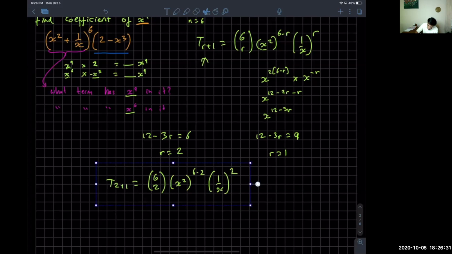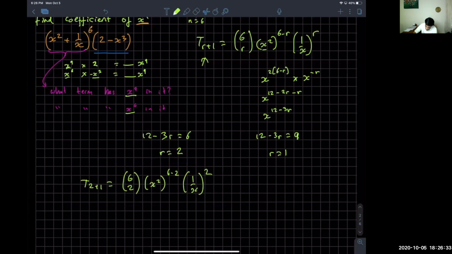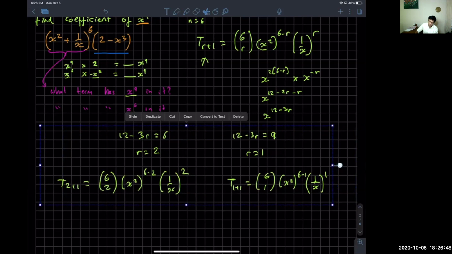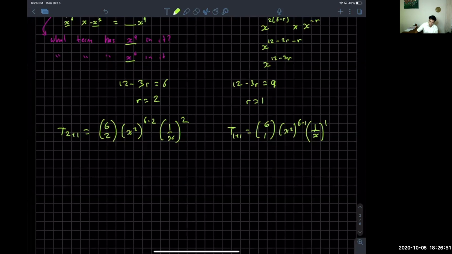That's the left side. And the right side becomes T of 1 plus 1, 6 choose 1. These are your two coefficients. So these are your two terms.